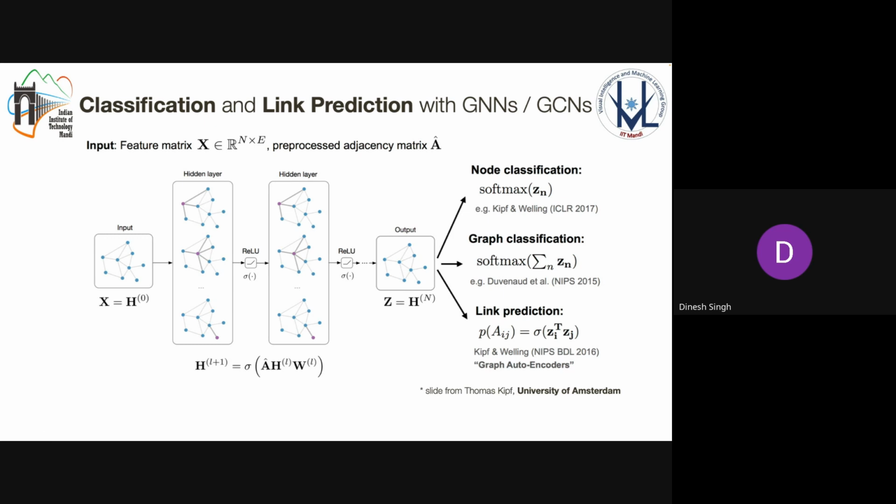Or for whatever other graph you have, whether there is a link or not. That we can simply predict based on some similarity between the two embeddings, and some non-linearity we can apply over that. So we can also predict the link between two nodes if it's not already given.